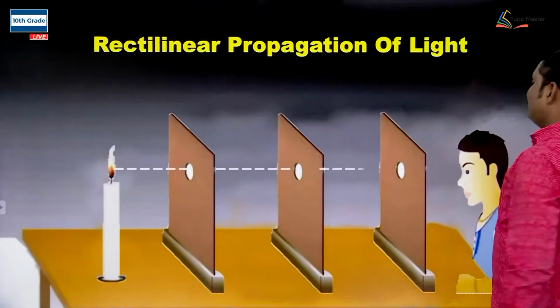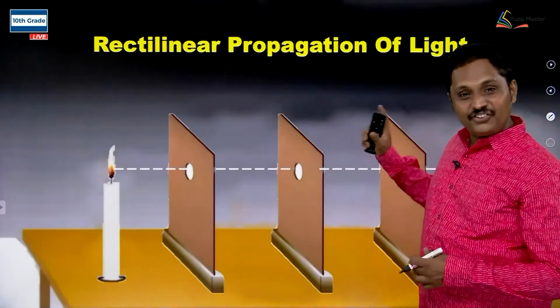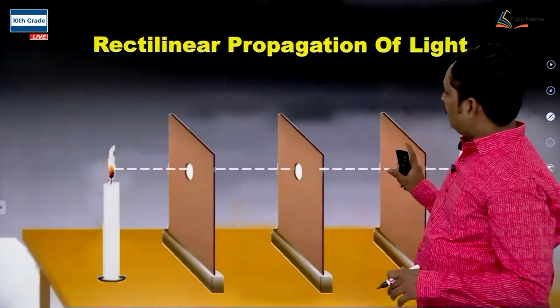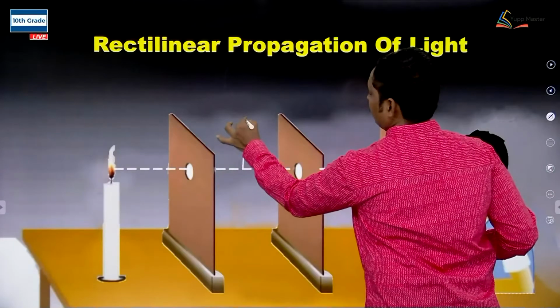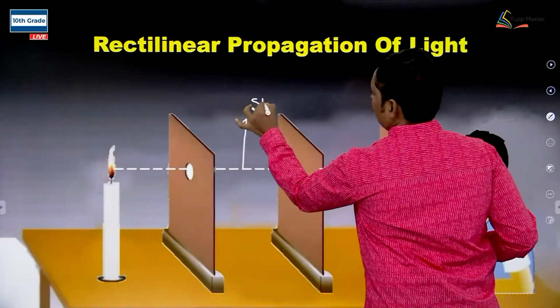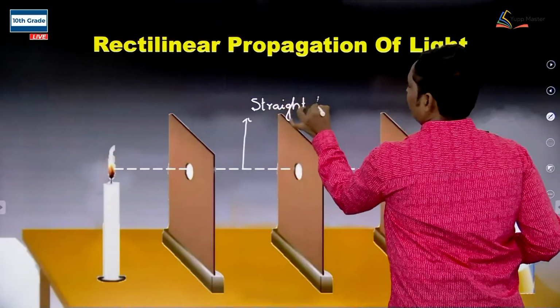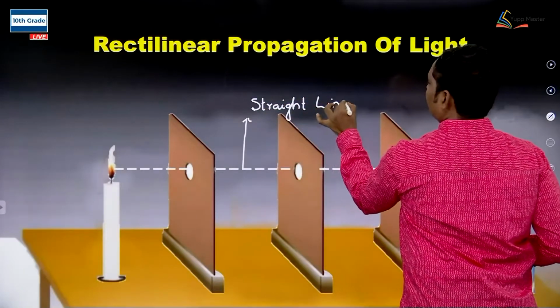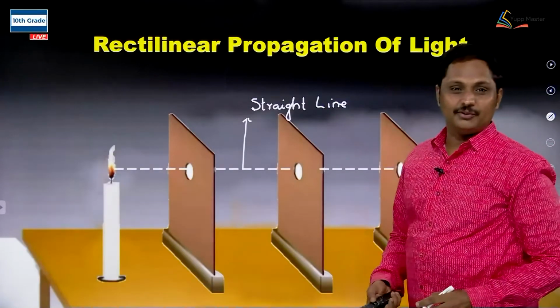It has been observed by a person that it travels in a straight line path, no doubt at all. So, that is the rectilinear propagation.